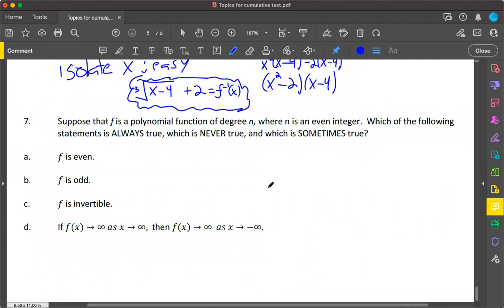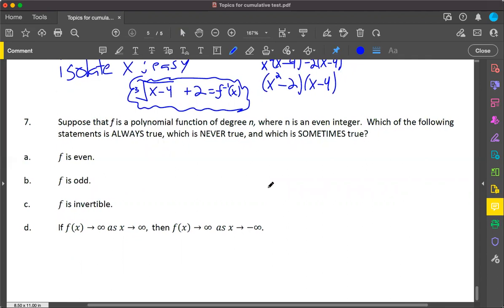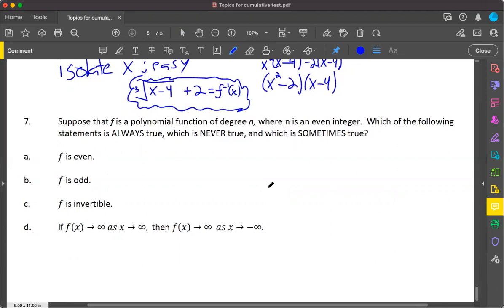Okay. Yeah, what else? Suppose you have a polynomial function of degree n where n is an even integer. Which of the following statements is always true? F is even. Well, let's imagine it's a polynomial function of degree n.